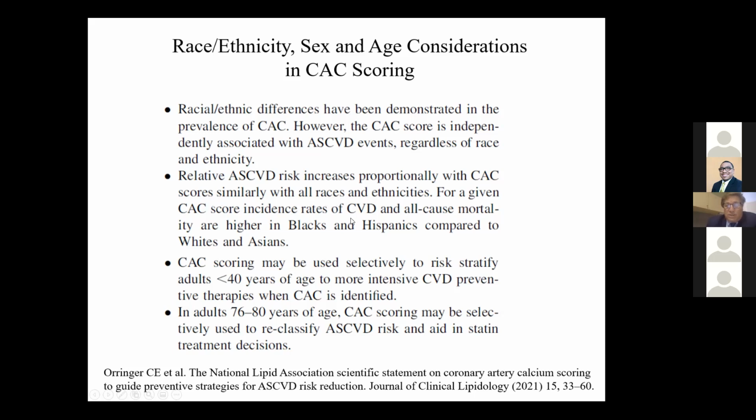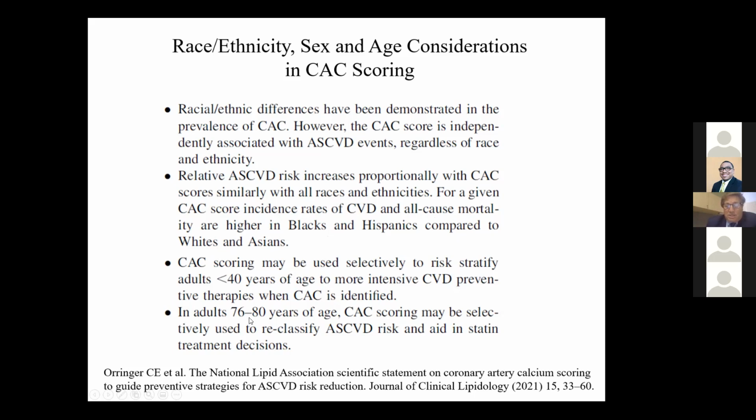Similarly, for all races and ethnicities, for a given calcium score, the rate of cardiovascular disease and all-cause mortality were higher in Blacks and Hispanics compared to whites and Asians. And these are the 4 categories in this database. Calcium scoring may be used selectively to risk stratify adults less than 40 to more aggressive therapy when calcium is identified.